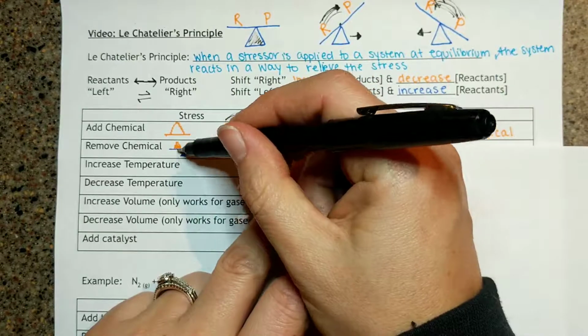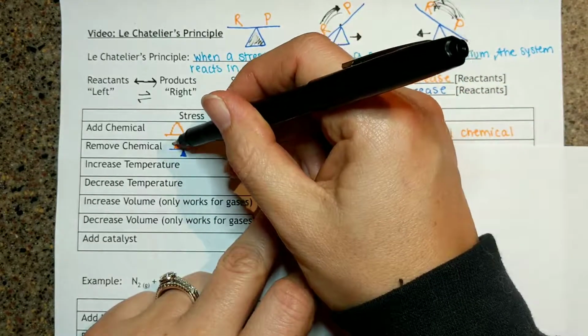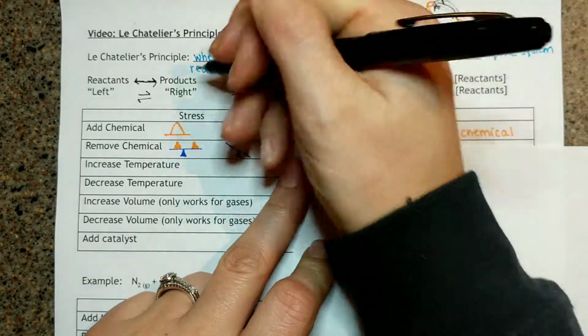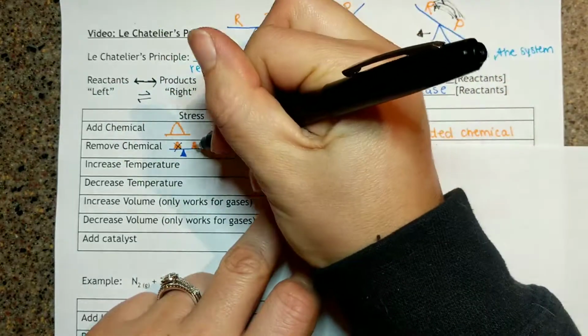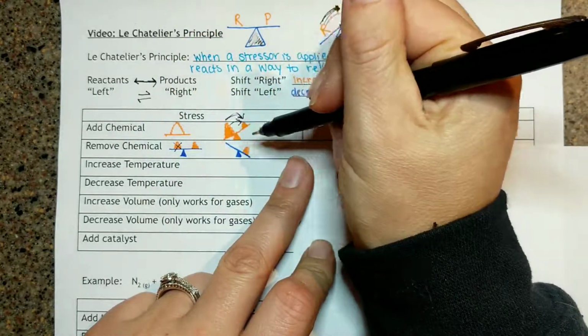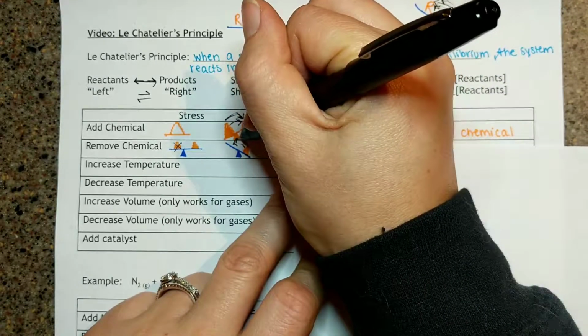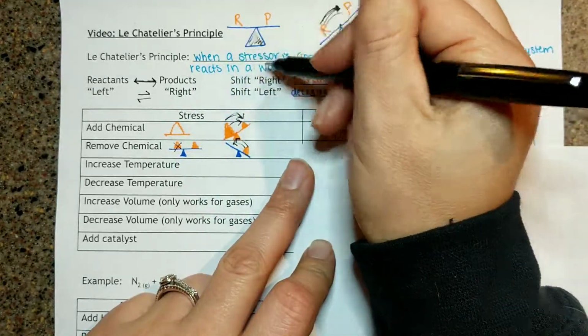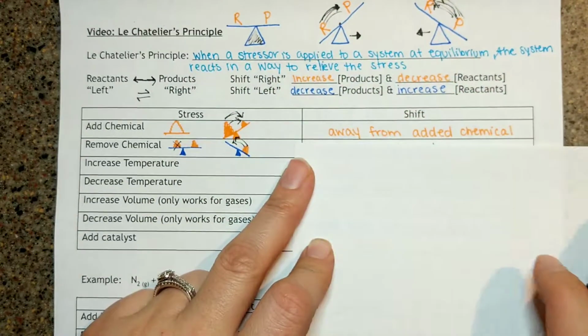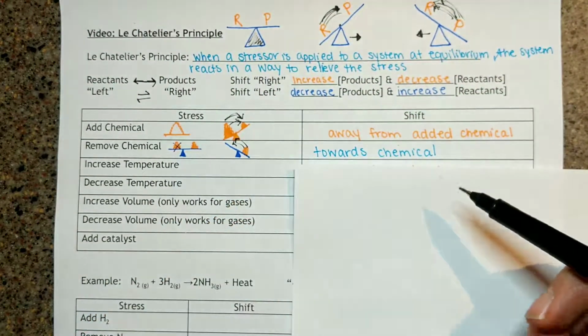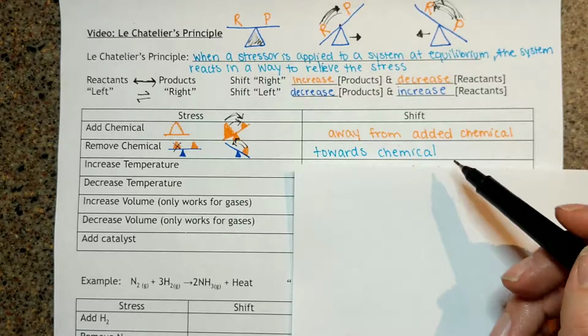Conversely, if I remove a chemical, so in this case, if I remove this and make it go away, that makes my right side heavy, so it would fall down, nothing here, and again, I'd shift to make more, so that way my seesaw balanced out. So when I remove a chemical, I shift towards the chemical that I removed to fill in that hole.